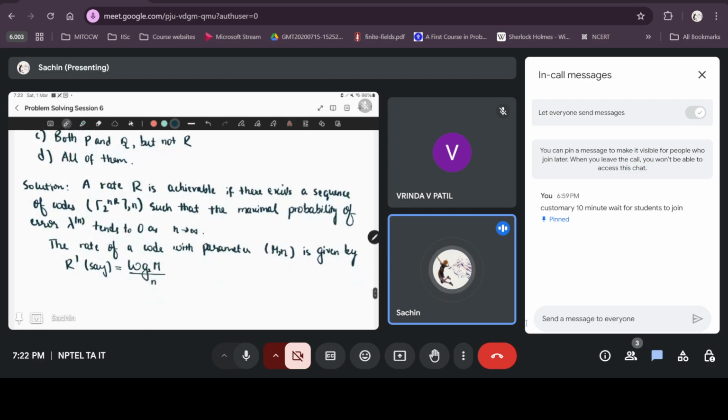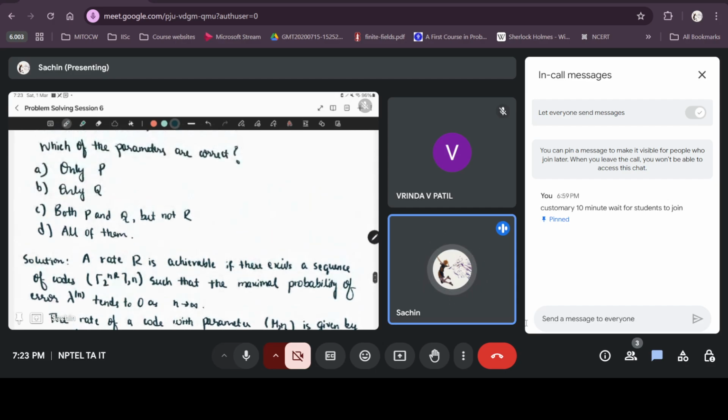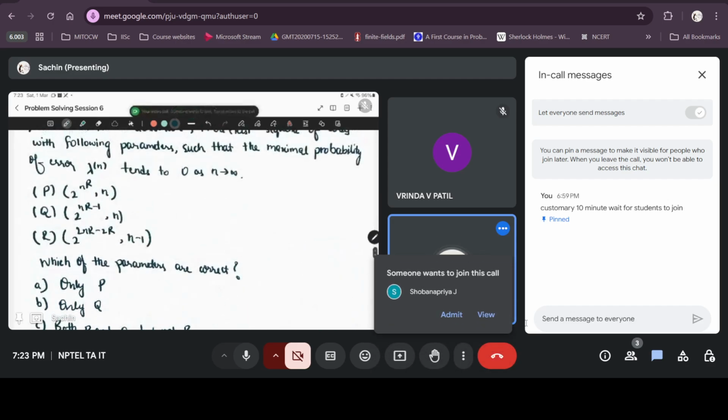Log is to base 2, bits per transmission. So using that formula, we can calculate the rate of each of the codes P, Q, R.